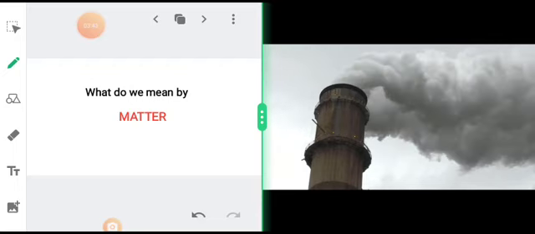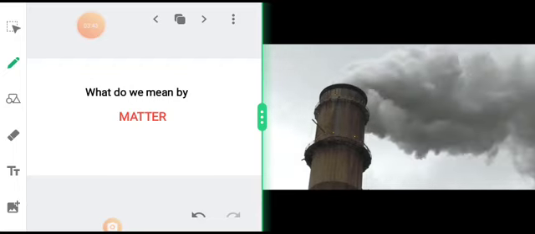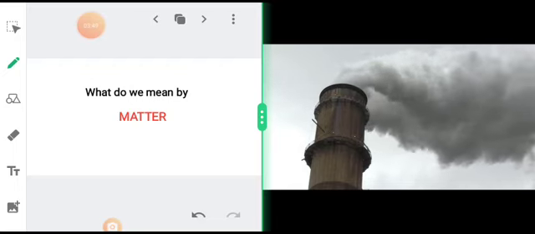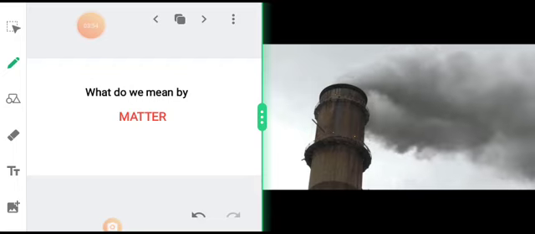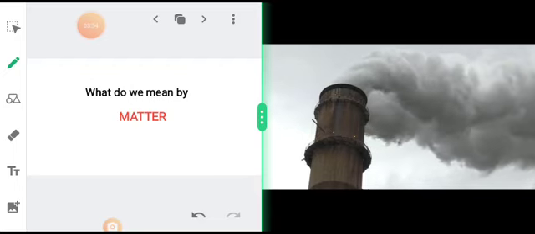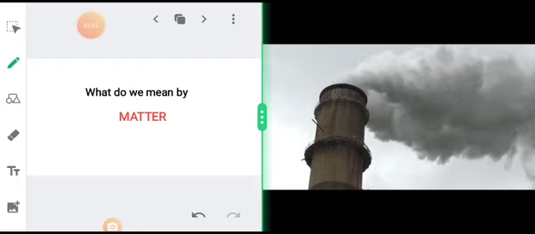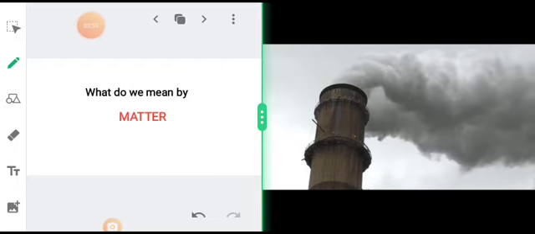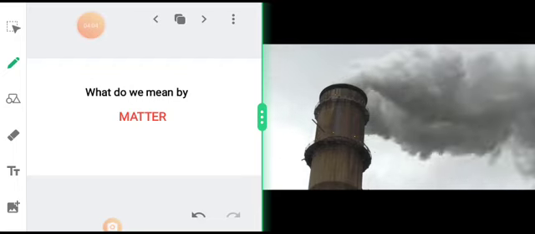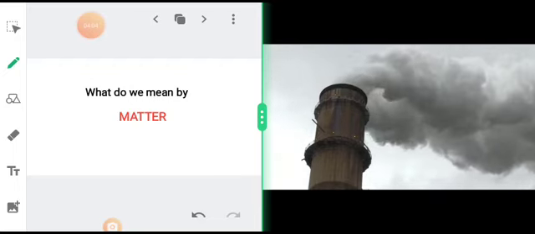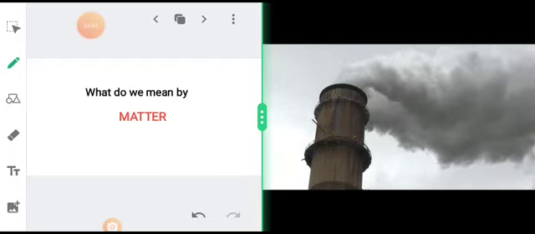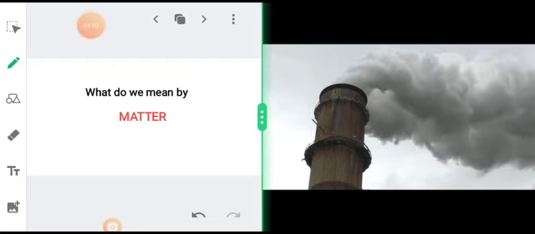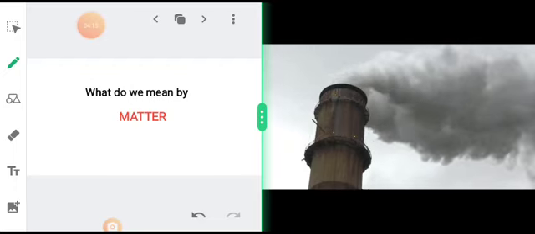Obviously, each one of these has some mass. We can feel their presence, we can experience them through our senses, and most importantly, we need some space to fill them up. Like you require some space to put up a chair, you require some space to fill in water, like whenever water is put inside any container, it will fill in some space.